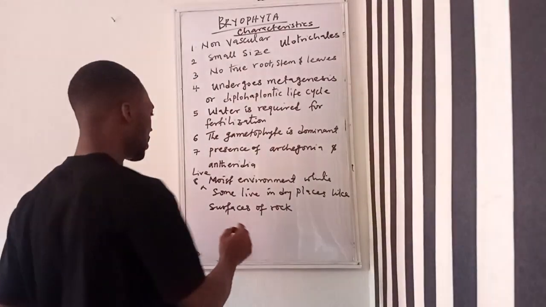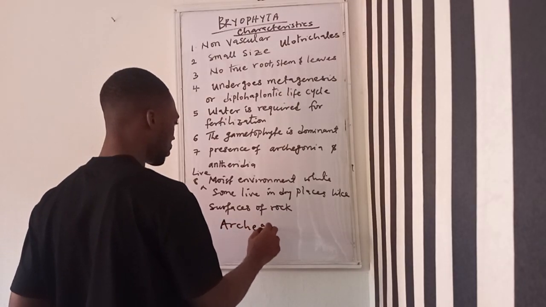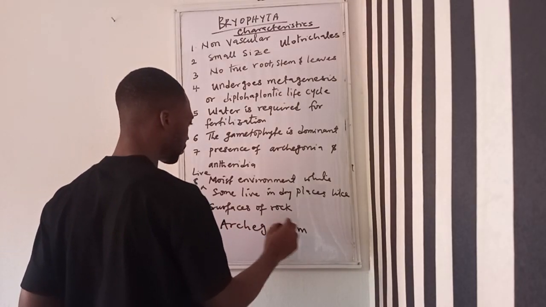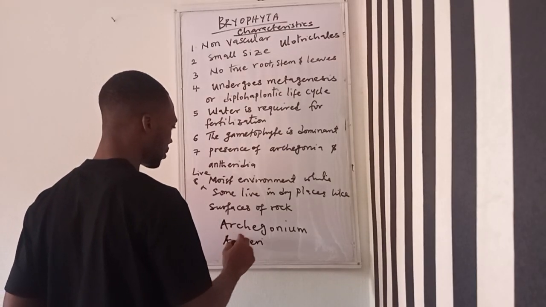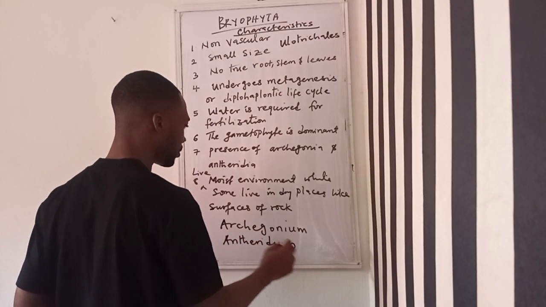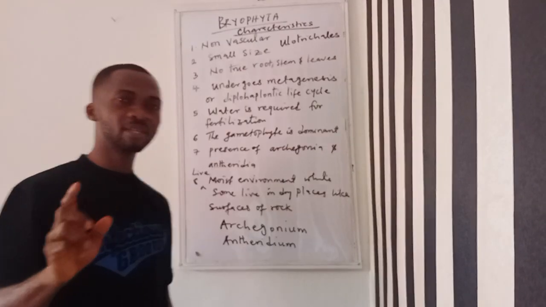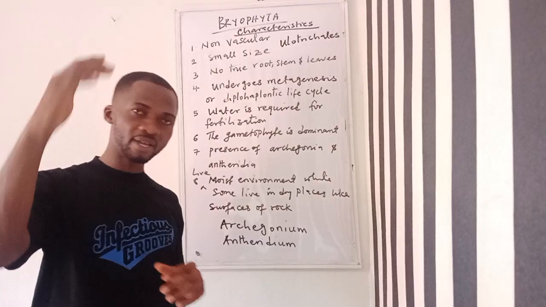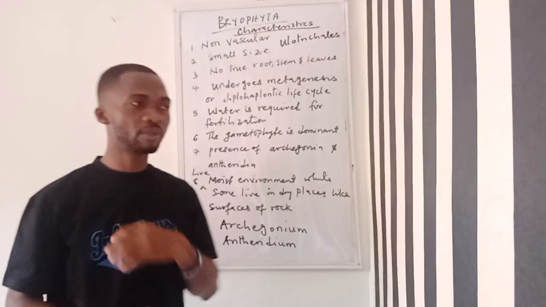The possession of these sex organs makes Bryophyta more advanced than algae, which of course is more primitive.